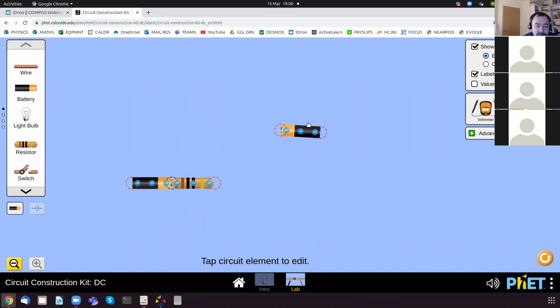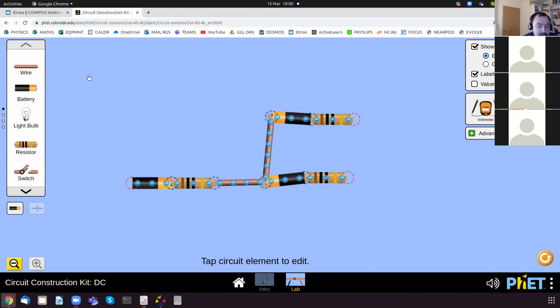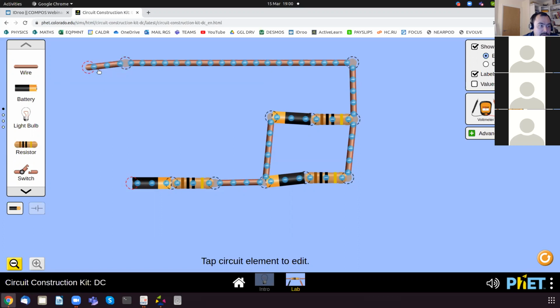So one battery goes this way and it has resistance, and another battery goes this way and it has resistance, and it has wires like this, and like this. So this is my circuit.